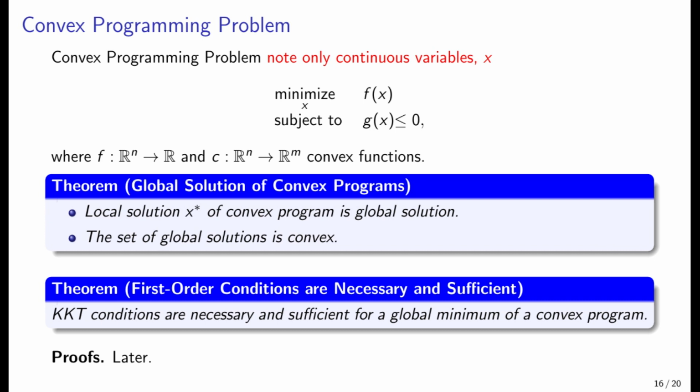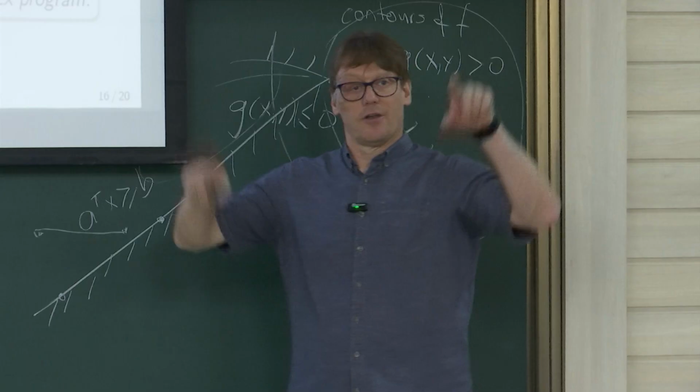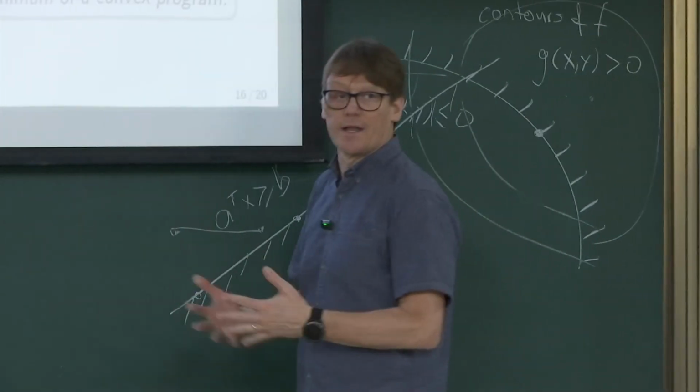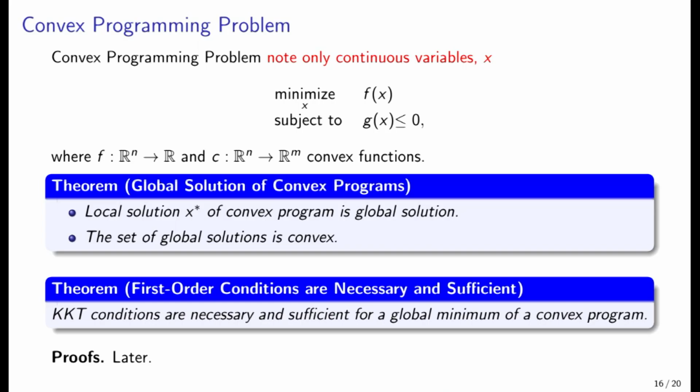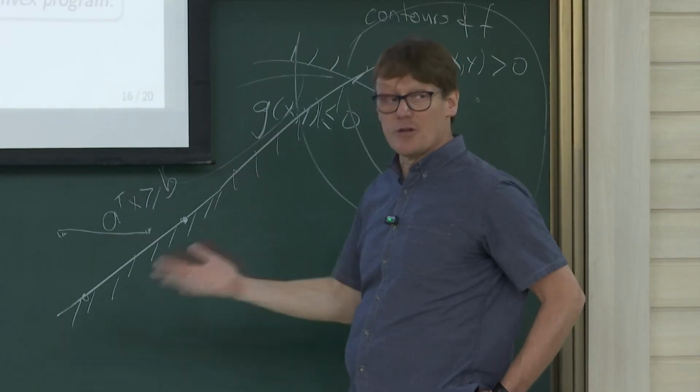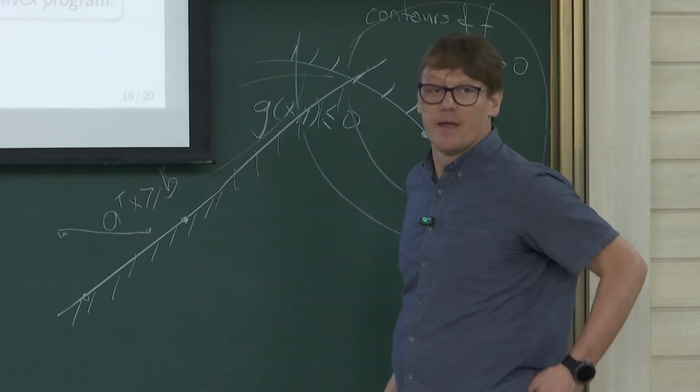So you no longer have the situation where you have multiple local minimizers, there's only one local minimum. And that holds also in the constraint set. In fact, the set of these global solutions, which are also local solutions, is convex. So that's a very nice property. This means that when you find a local minimizer, you know you have the global minimizer.